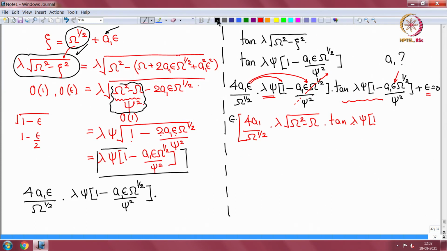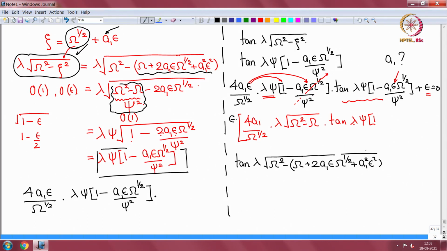I have a tan, then I have lambda square root of omega square minus xi square, and xi square I have given it here, minus omega plus twice a1 epsilon omega to the power half plus a1 square epsilon square.